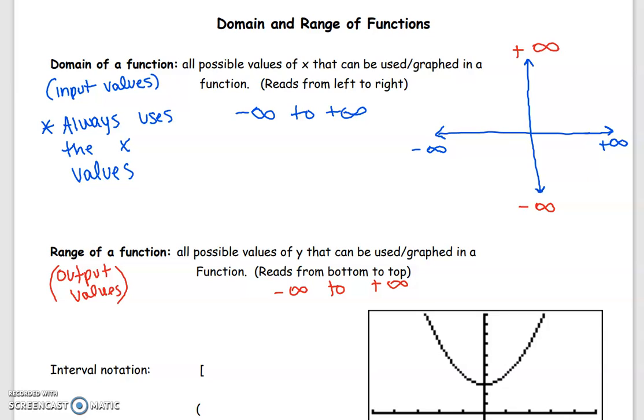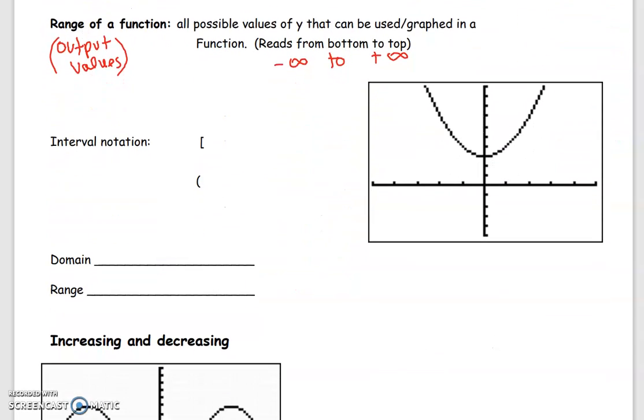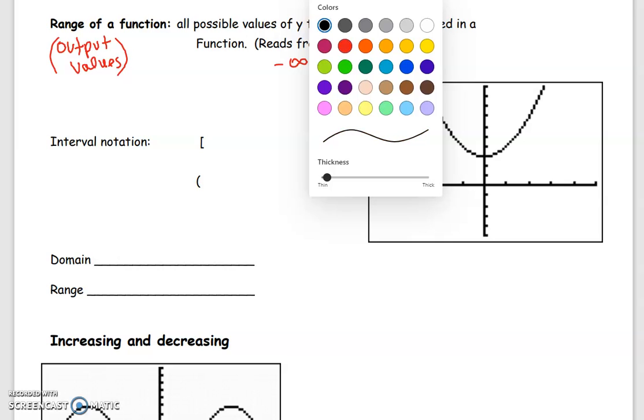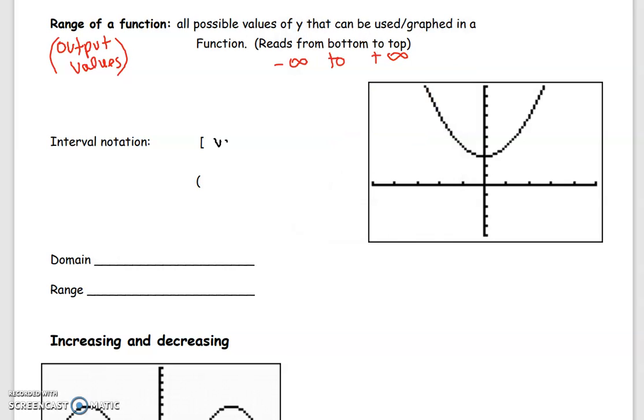Okay, so let's take a look at this example for interval notation. If we have this bracket here, then the value is included. If we have a parenthesis, the value is not included.